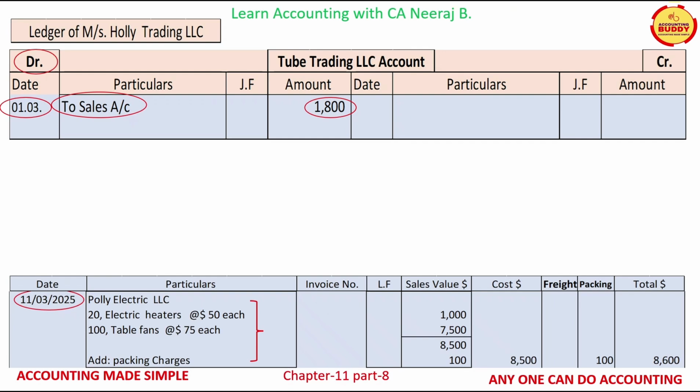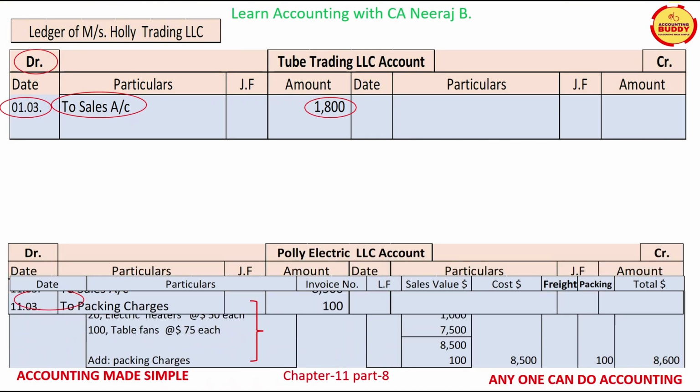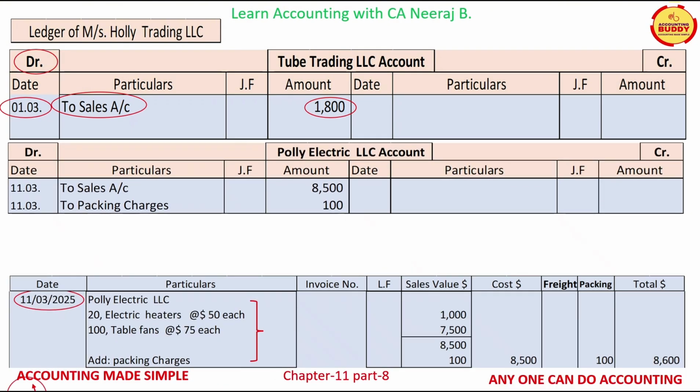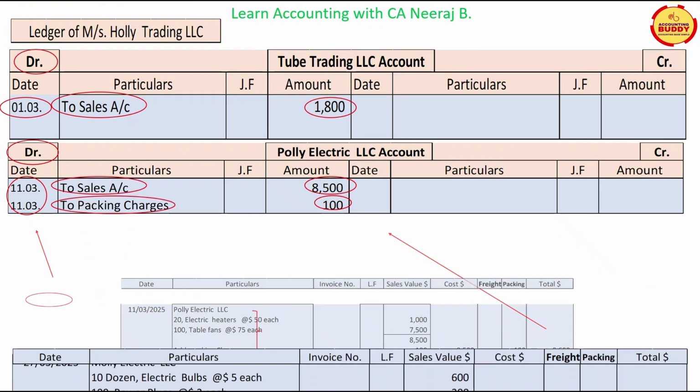Now this transaction will appear in the customer Poly Electric LLC account on 11th of March 25 on the debit side for $8,500 by writing the words to sales account in the particulars column. An amount of $100 charged to Poly Electric LLC on account of packing charges will also be posted on the debit side of Poly Electric LLC by writing the words to packing charges account.